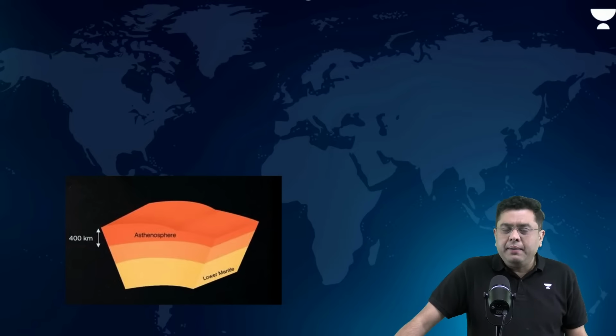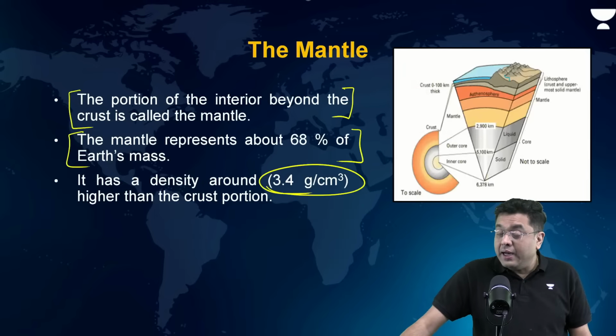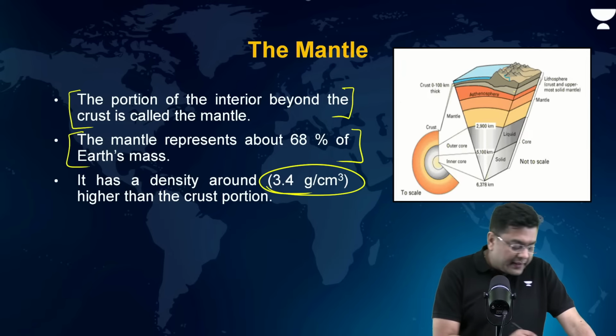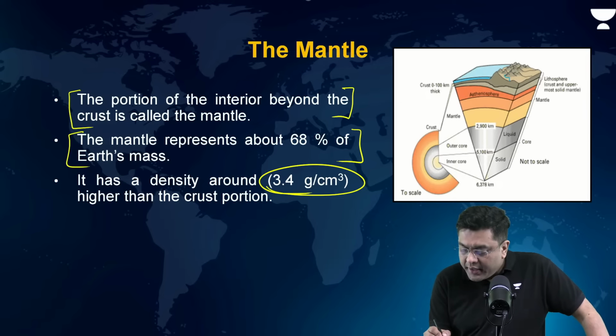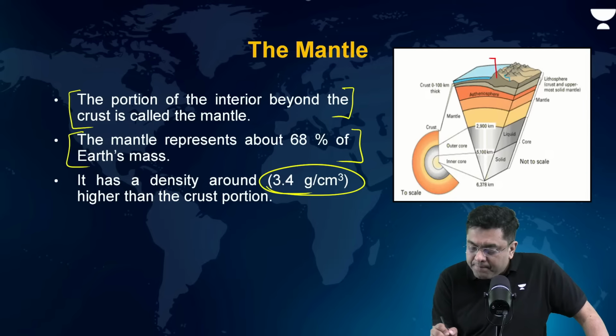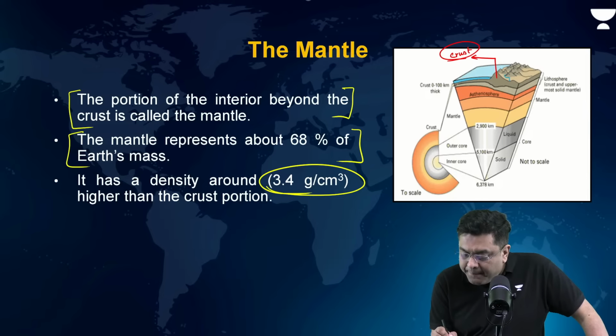We do have the solid mantle above it. Look at this image, the side image. This is your portion of the crust, isn't it? Now, there is some portion of mantle which is above the asthenosphere, the one that I have shaded.